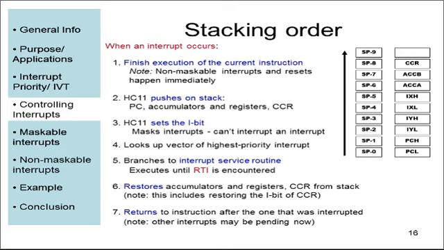It will then execute the interrupt service routine. Once the interrupt service routine is finished, it restores the accumulators and registers. It then returns to the instruction after the one that was interrupted.